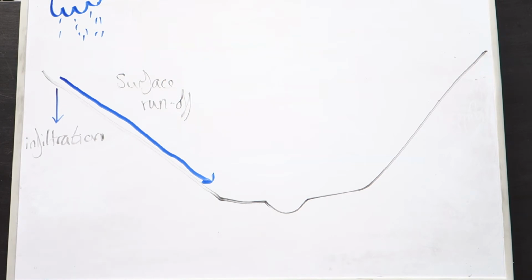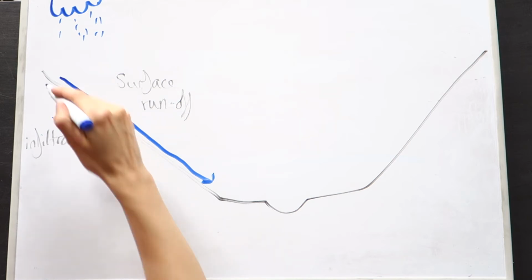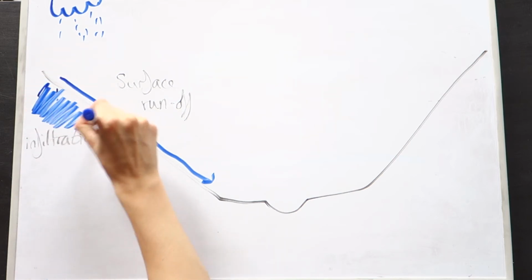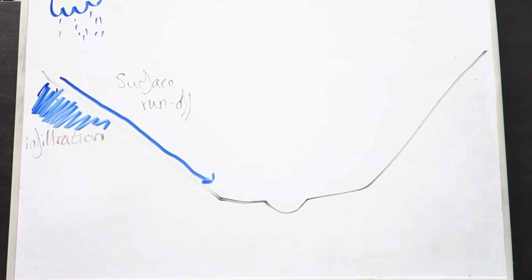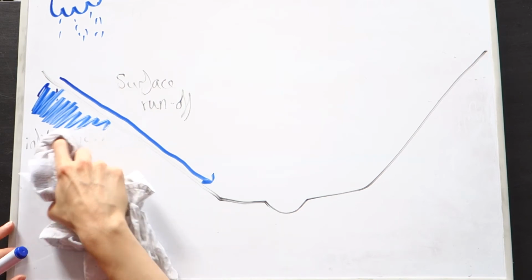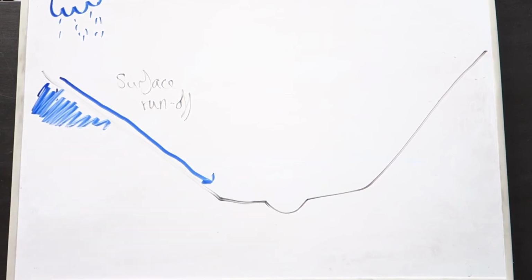If that rain is prolonged, so it happens for a long time, eventually there is so much water in the soil that new rain falling can't infiltrate because the soil is already full of water. I've said before that infiltration is like when you've got your cereal in your bowl and you're putting in the milk. The milk flows in between the gaps in the cereal. In the soil, the water flows in between much smaller gaps in the soil.